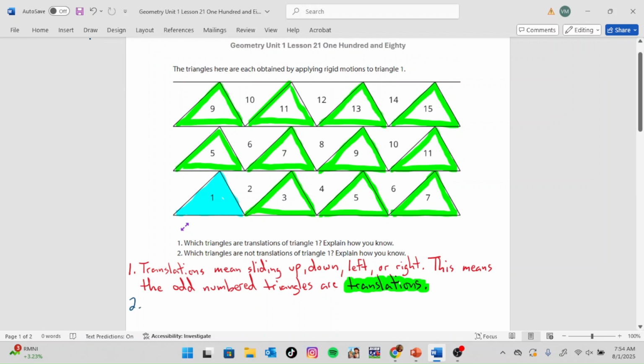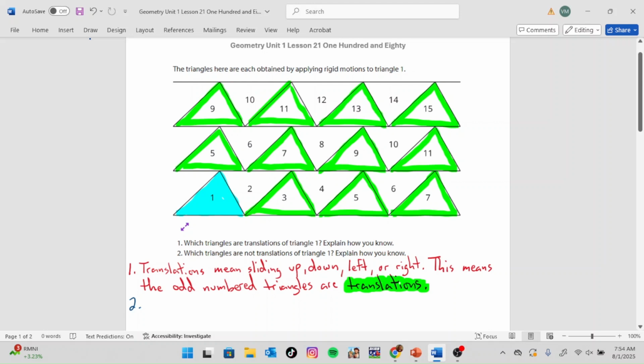Now, number 2 wants to know which triangles are not translations of triangle 1. So that's going to leave the even numbered. We could get them by reflecting. We could reflect number 1 across this upper right line and create number 2.